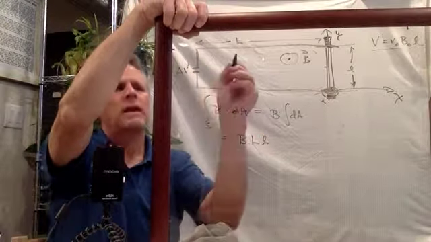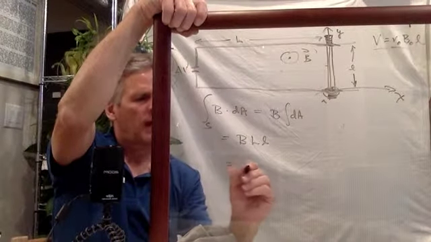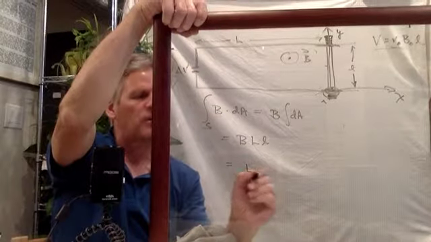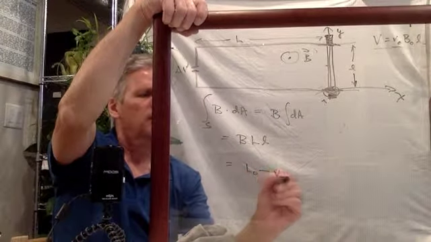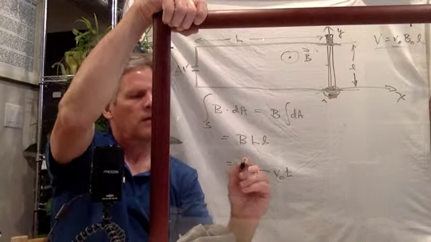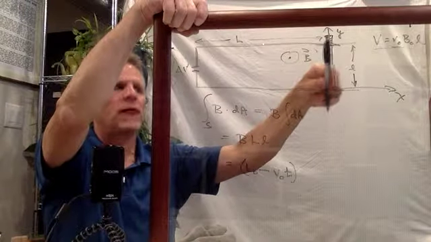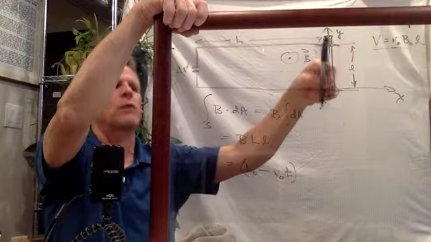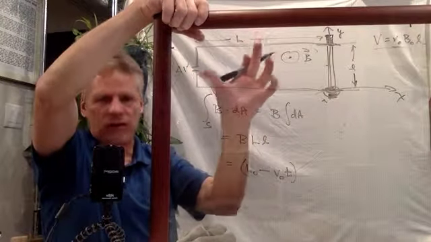But what is l as a function of time? Well, l starts out at some l0, but what happens? It gets smaller by a distance V0t. Everybody see that? Because this rail, this wire, whatever we want to call this, is moving in this direction, this area is decreasing.